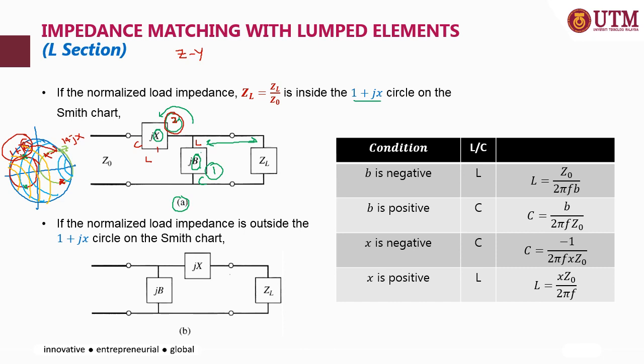Okay, the same goes for the other configuration. However, in this case, the normalized load impedance will be outside the 1 plus jx circle. So what's the difference between the small b and the capital B? The small b is basically the normalized value that you got from your Smith chart, but the capital B is the real value that you have multiplied by Z naught.